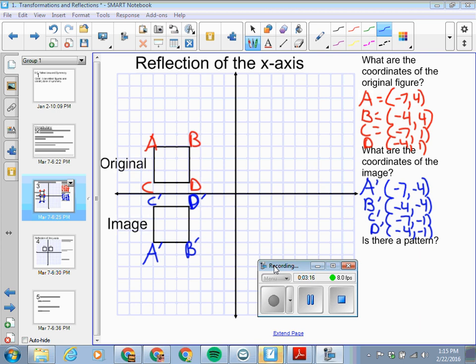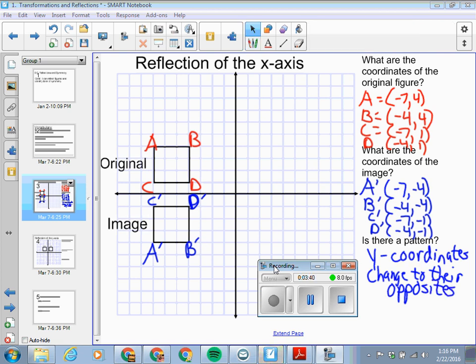The pattern is when we reflect over the x-axis, we flip our y-coordinates to their opposites. So let's write that. Y-coordinates change to their opposites. And we'll summarize this in the last slide.